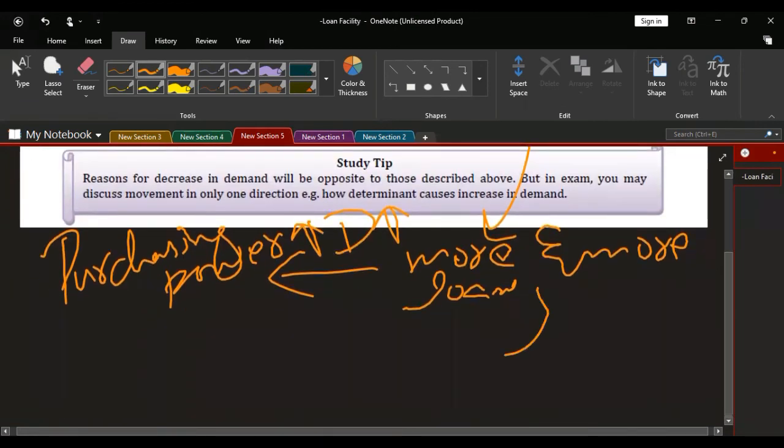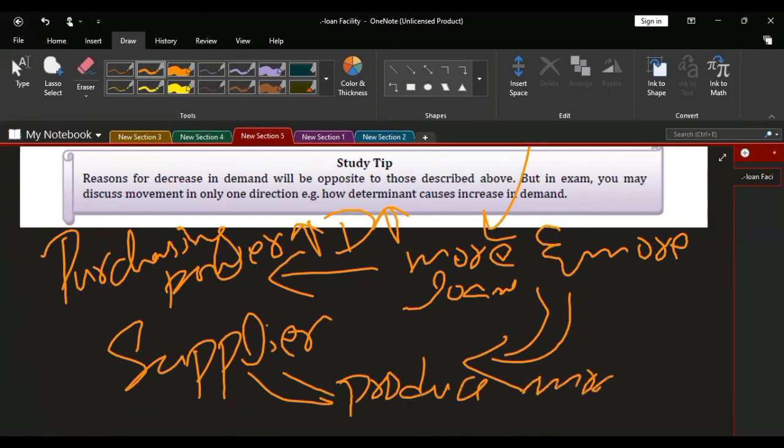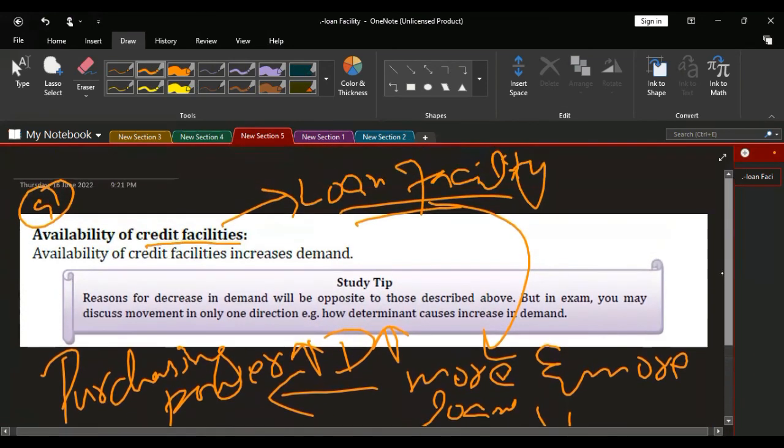Similarly, if more and more loans are available for suppliers, then they will produce more and more. So, availability of credit facility increases demand for the product.